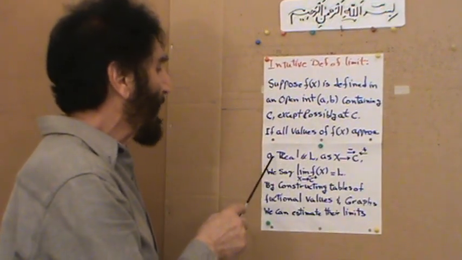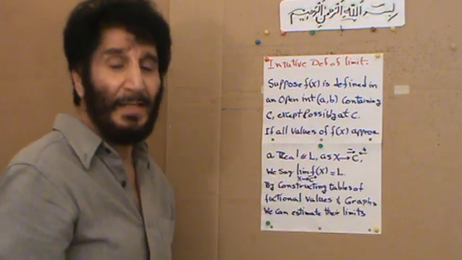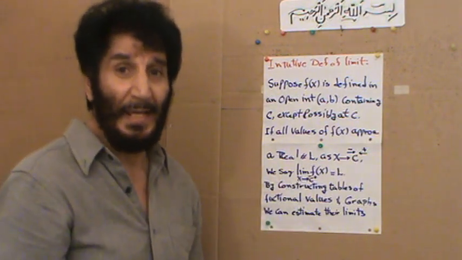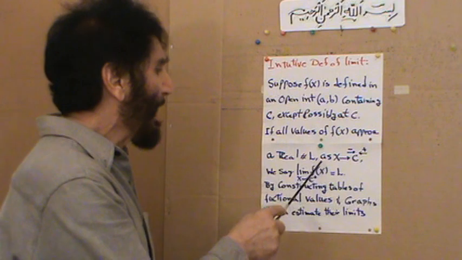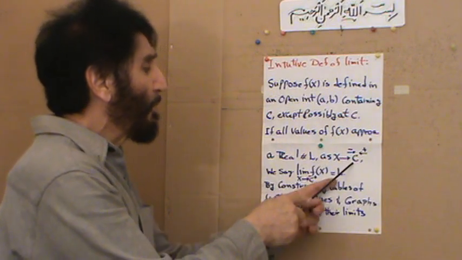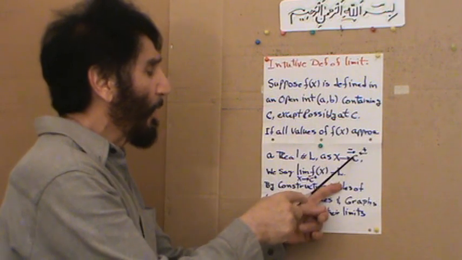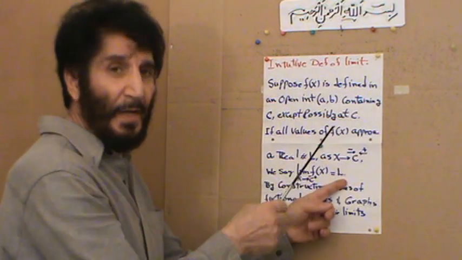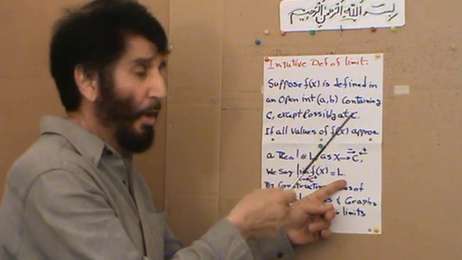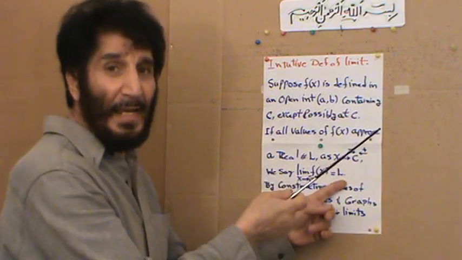Then we say, a real number L. So L is a real number, can be 0, can be negative, can be positive, as x approaches c. I like the arrow better, it's more explicit, but most of the textbooks put a plus sign, meaning approaching from the right, and a minus sign, meaning approaching from the left.